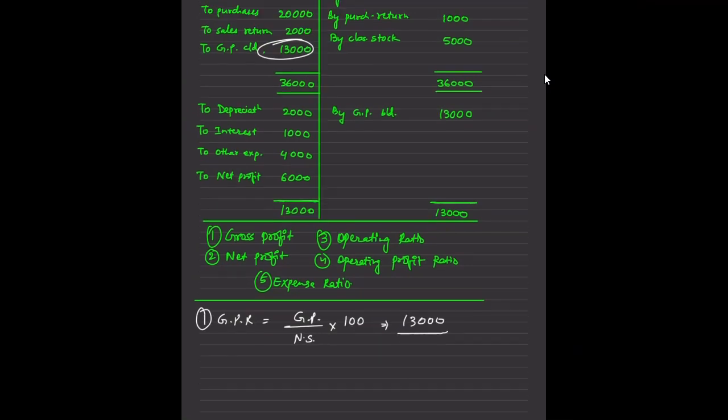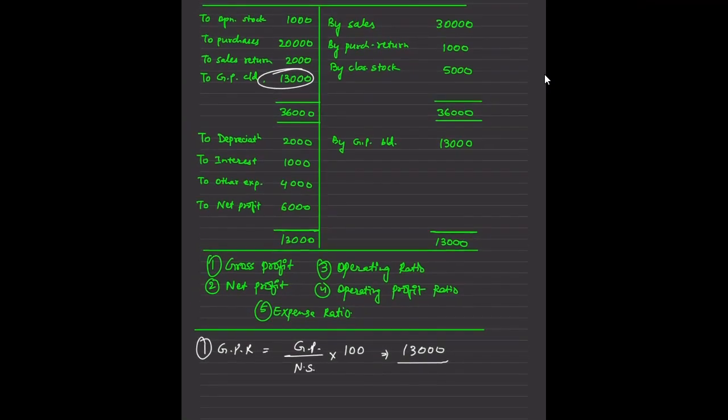So my gross sales were 30,000 and my sales return was 2,000. So my net sales would be 28,000. 30 minus 2. Multiply it by 100.